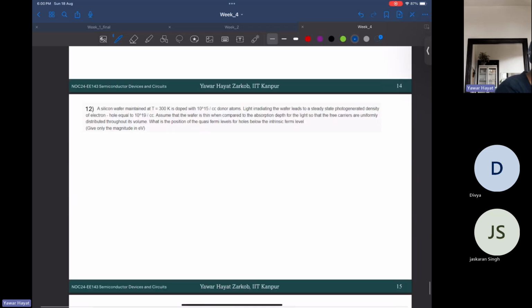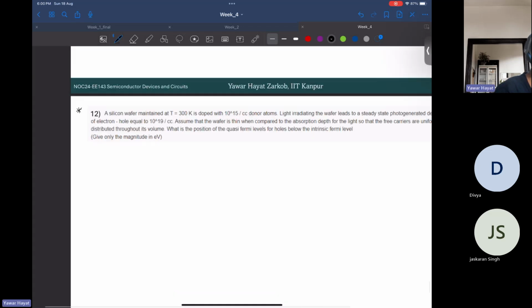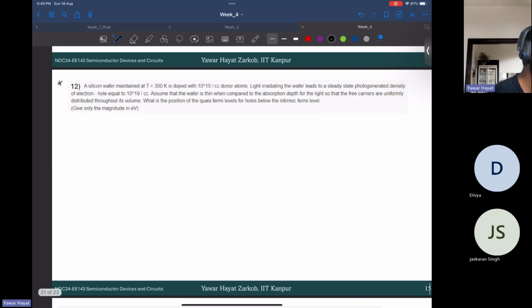Question number 12, I'll leave as an assignment for you all. Try this out. A silicon wafer that is maintained at T equal to 300 Kelvin is doped with 10 to the power 15 per centimeter cube donor atoms. Light irradiating the wafer leads to a steady state photogenerated density of electron-hole pairs equal to 10 to the power 19 per centimeter cube.